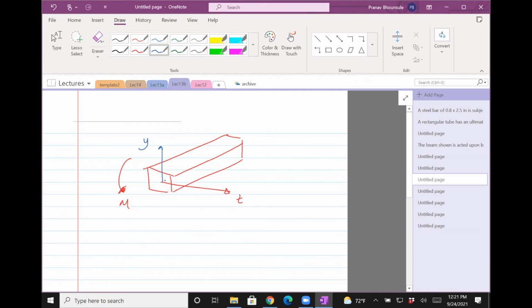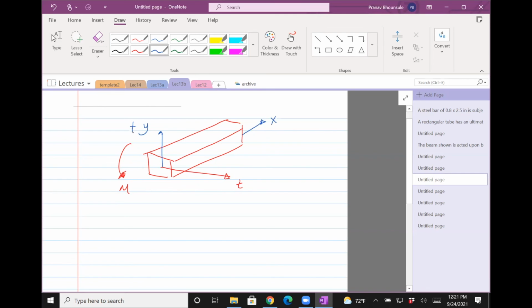So y cross z is x, so x should be like this. Our convention is this is positive because CCW. So by this formula, M divided by I equals sigma divided by y, and so you have sigma equals M y over I.